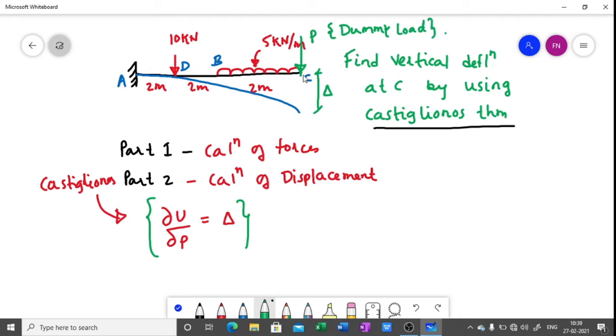We need this force to find delta by using Castigliano's theorem, so if there is no force, you have to assume a dummy load acting at the point where you need to find the deflection.